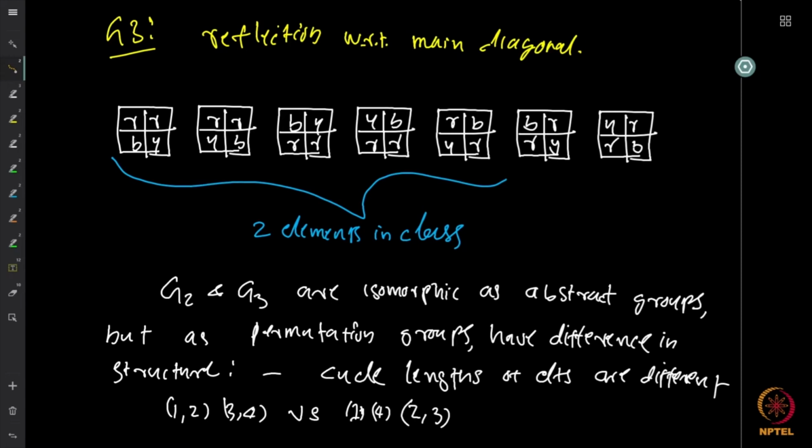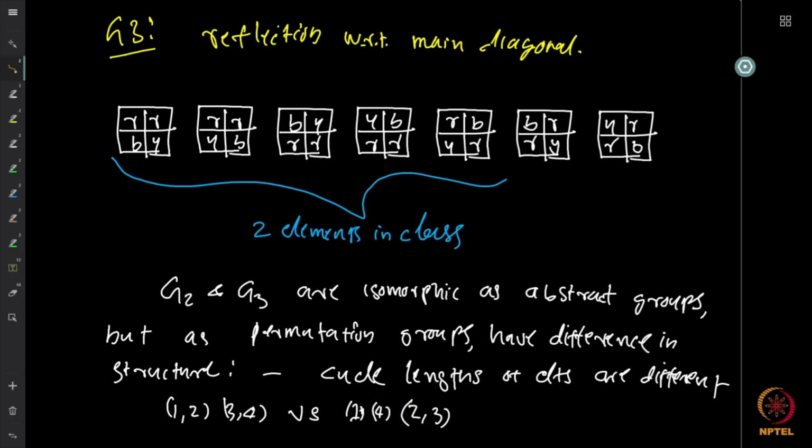If you think about it, you will see that the difference comes from the difference in the cycle structure. Cycle lengths of elements are different. For example, here 1, 2, 3, 4: 1, 2 is a cycle and 3, 4 is a cycle, so there are 2 cycles of length 2. On the other hand, under the reflection on the diagonal, you have 2 cycles of length 1 and 1 cycle of length 2.